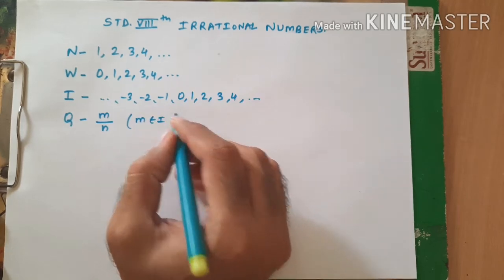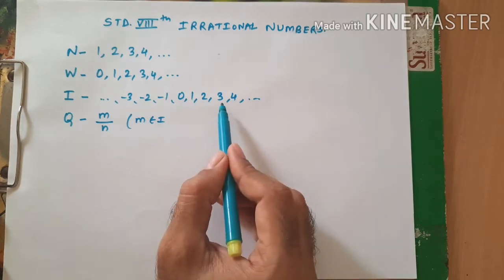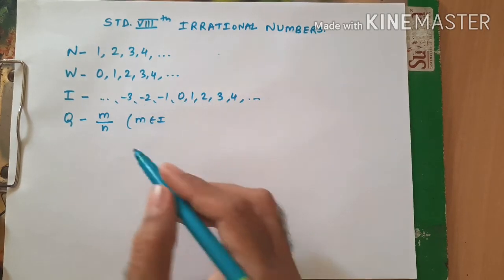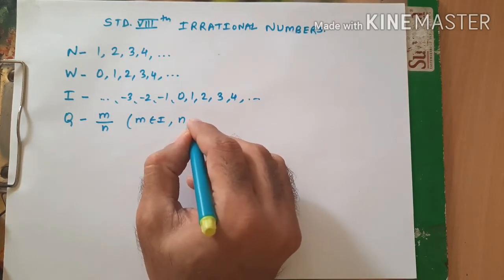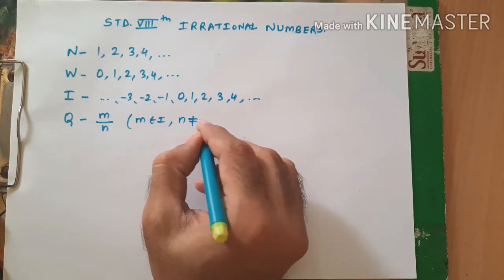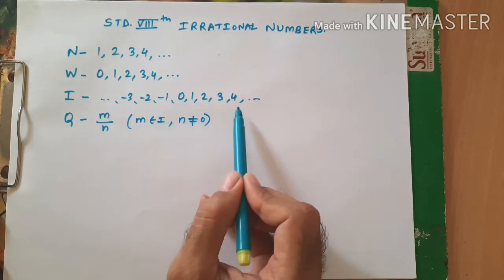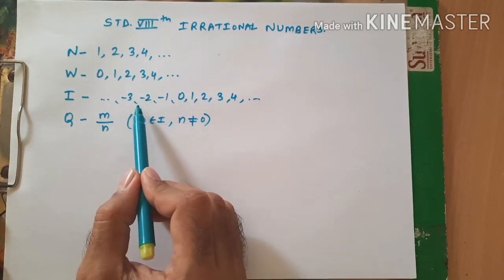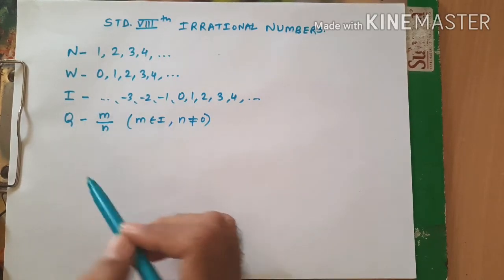M is any integer means m may be 0, or any positive number, or any negative number, and n, which is the denominator, is an integer other than 0, it may be any positive number or any negative number. Then that number is called a rational number.